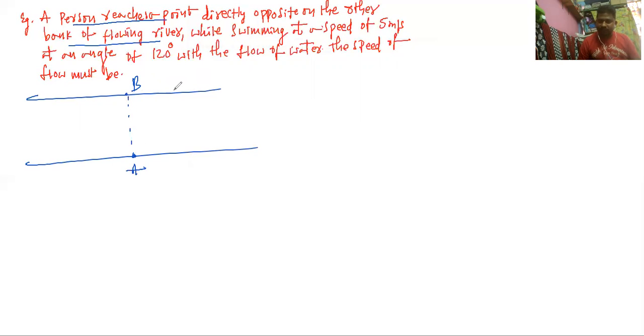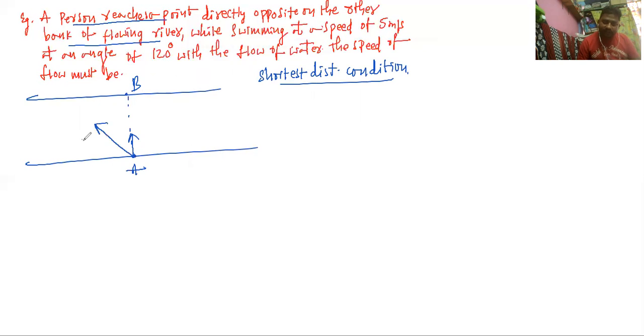Reaching here means it is definitely a shortest distance case. Will you agree with this? This is definitely a shortest distance condition because the person is reaching exactly the opposite point. If it is a shortest distance case, definitely you should not move in this direction. You should start moving in this direction.